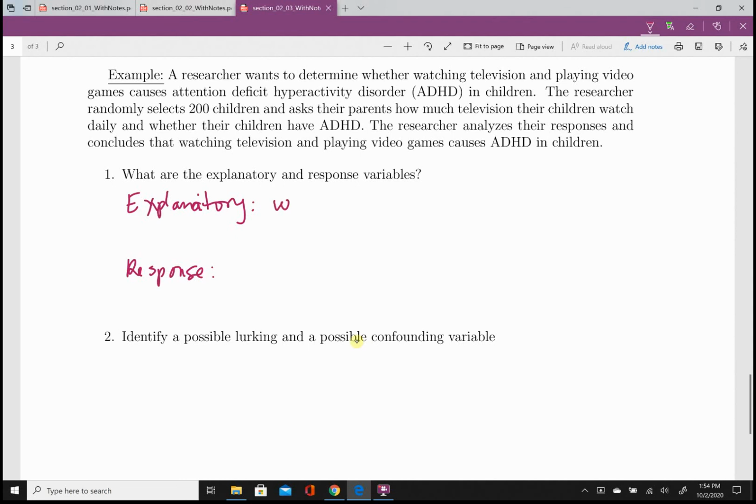That is the explanatory variable: watching TV and playing video games. Those are the things that come first, because in the study they're trying to determine whether this causes, or has as a result, ADHD, or not necessarily a diagnosis, but having ADHD.